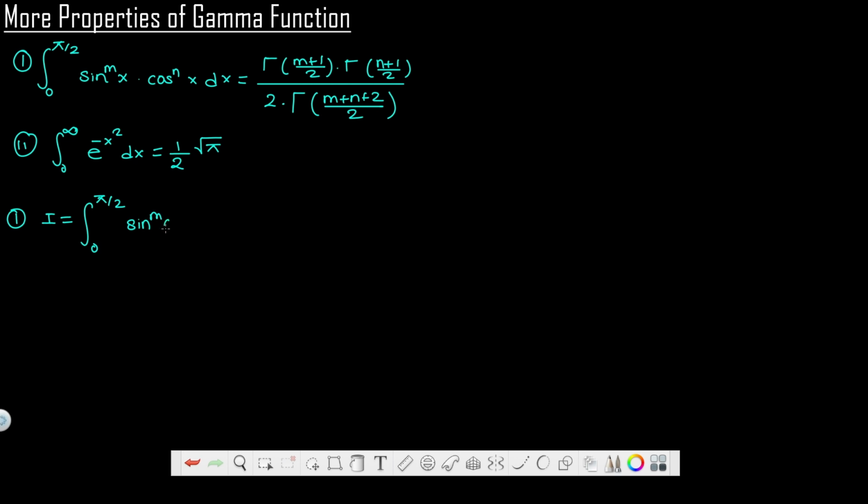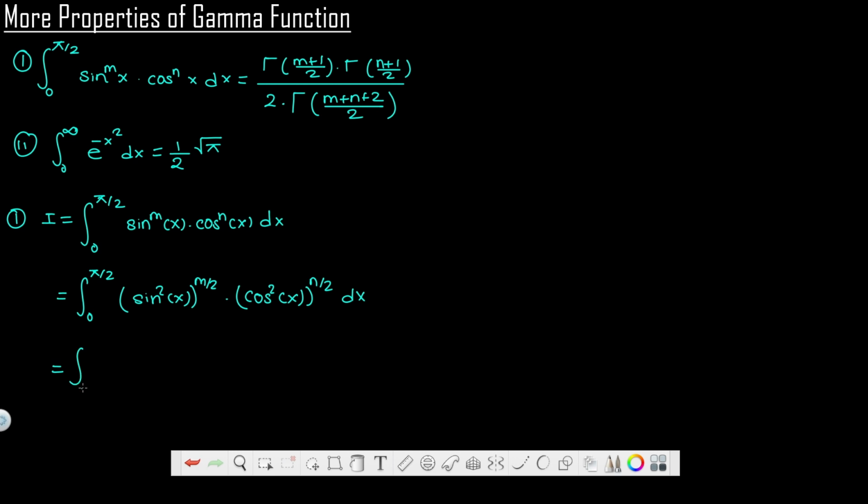sine to the power m x times cos to the power n x dx, which is the same as the integral from 0 to pi over 2 of sine square x to the whole power m over 2 times cos square x to the whole power n over 2 dx.